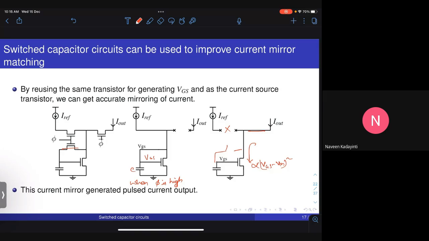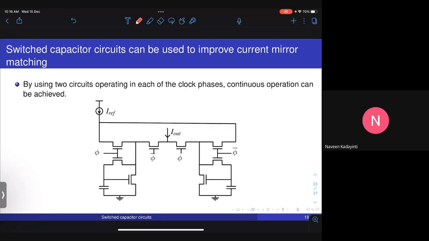By using two complementary sets of such circuits, you can generate a continuous current. If you want continuous mirroring of Iref into Iout, all you need to do is make two copies of this. In one cycle, one transistor will be generating the reference, and the other one will be generating Iout. In the other cycle, this one will be generating the reference and the other one will be providing the Iout.